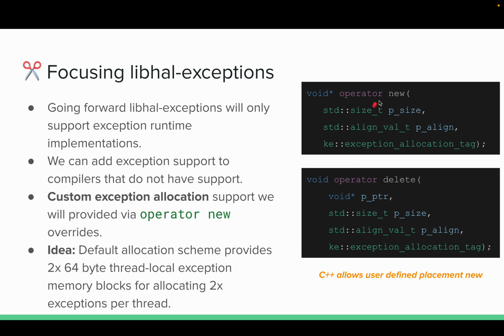So you'll have basically some sort of allocation tag that will disambiguate between what new and delete operation you're calling. And for libhal-exceptions, that will become a weak reference. So you now get the ability to implement these yourself in your application, and then you get full control over how this is done.